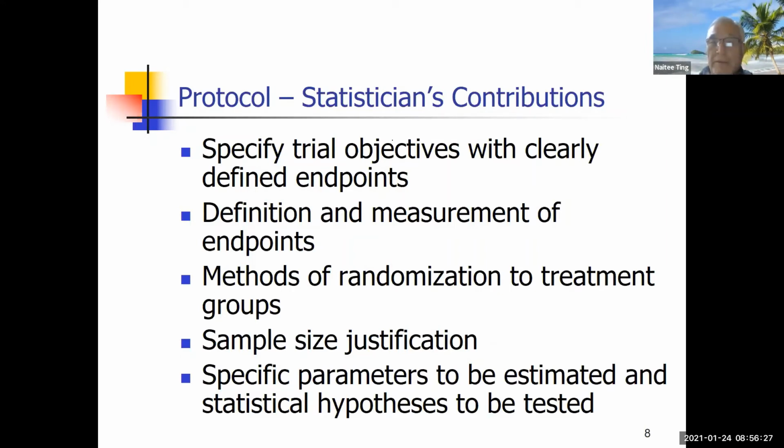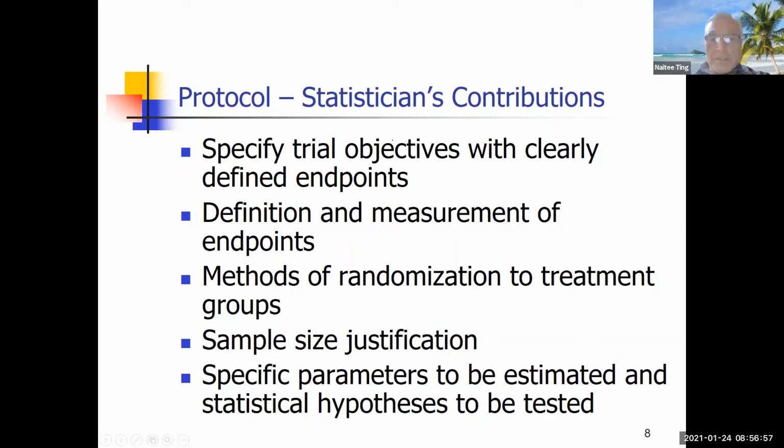And then how can I write it as a statistical hypothesis that is testable? Okay. And then from that statistical hypothesis, of course, that corresponds to the endpoint. And before you calculate sample size, you need to know the delta and all the details associated with it. So you have to have a very clear understanding of the objective and translate it into a statistical hypothesis.